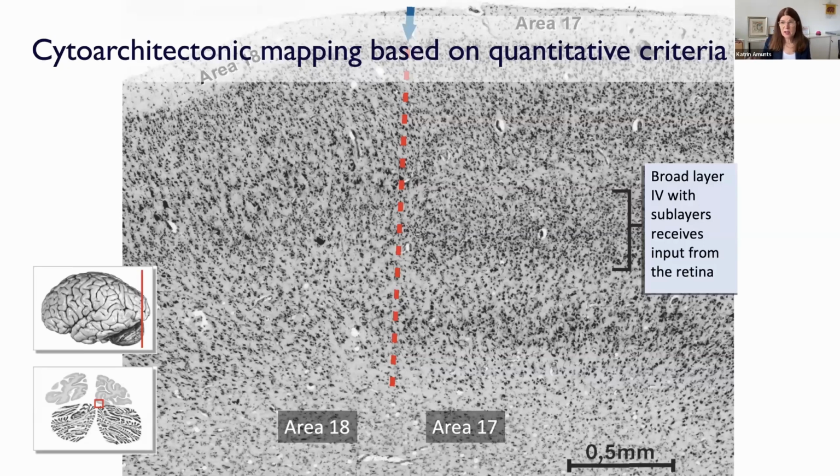And this layer 4 is so massive because it receives input from the retina via the lateral geniculate body. And this massive input is reflected by this very broad thickness of layer 4. And this is different in higher visual areas which do not have this direct massive input from the retina. So you see here how connectivity is reflected in the cytoarchitecture as well.